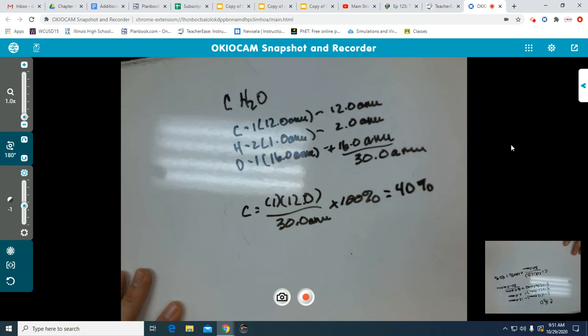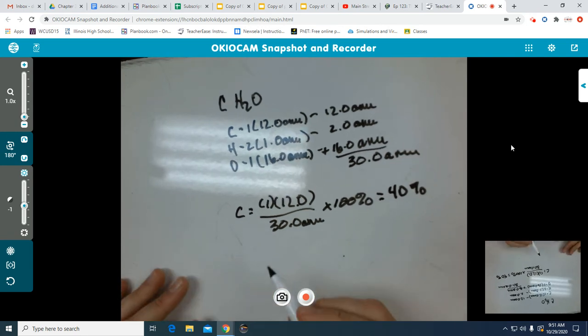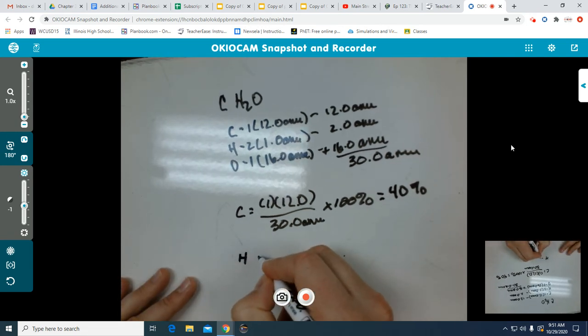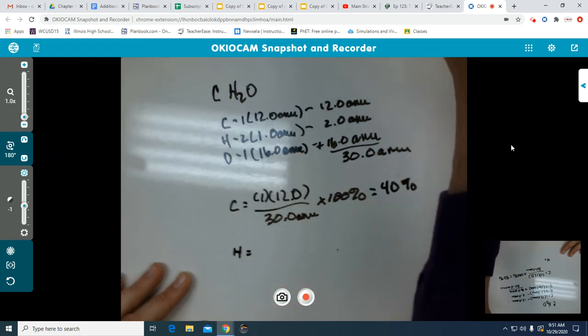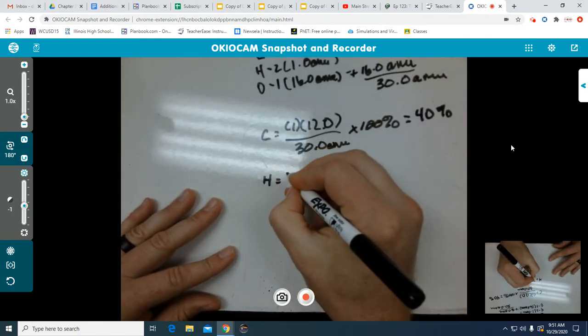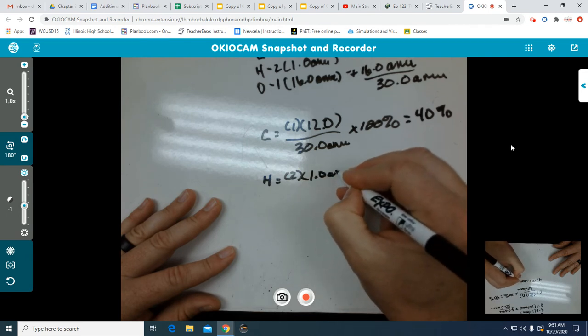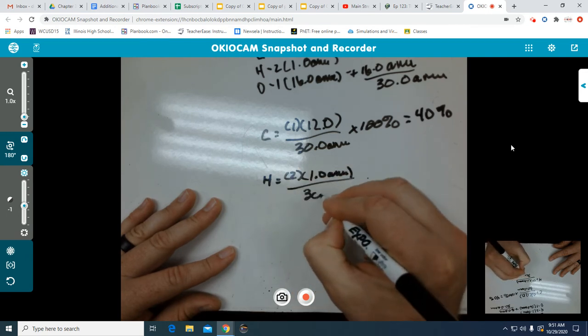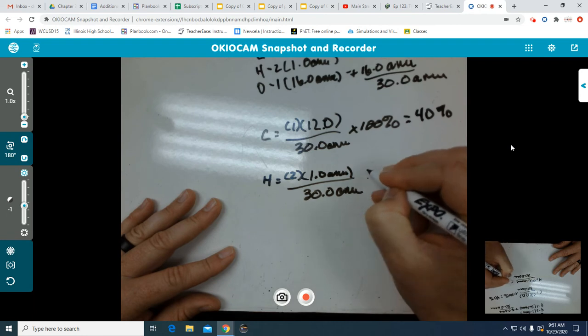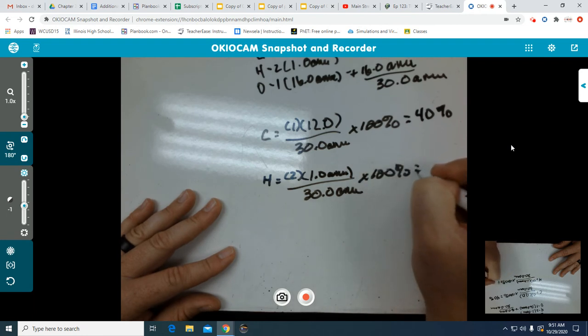Okay? Now we have to do it for hydrogen and oxygen. Hydrogen is equal to, there are 2 present, each one is 1.0 AMU, divided by 30.0 AMU times 100%.